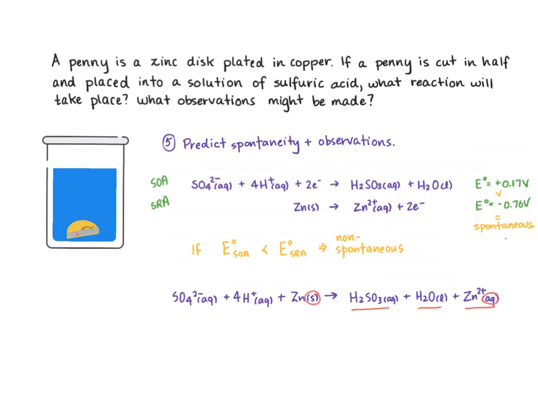And so what we're going to see happen is that the inside of the penny will dissolve. That's where the zinc is, and so the penny will be remaining as a basically hollowed out copper shell. And that's how you predict if a redox reaction will take place and then what you will see when it does.